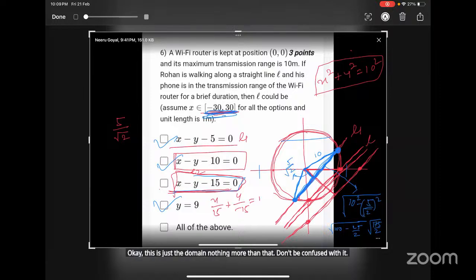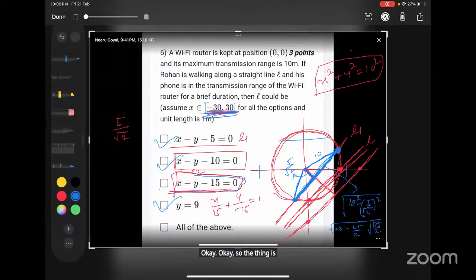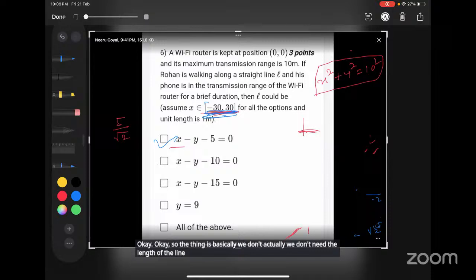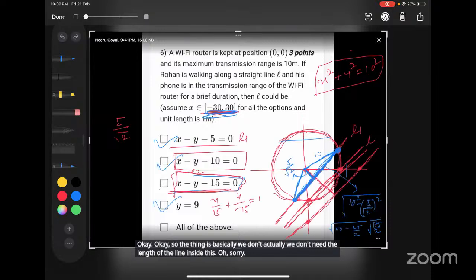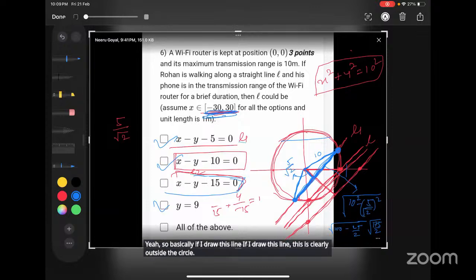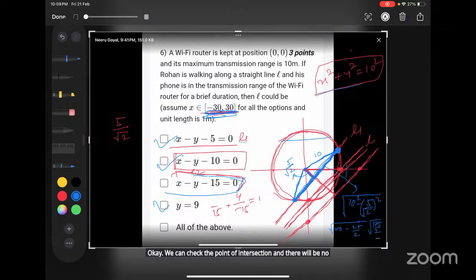Okay. Can you please explain how you find the answer? So the thing is, basically we don't need the length of the line inside this. If I draw this line, this is clearly outside the circle. We can check the point of intersection, and there will be no point of intersection of the circle and the line.